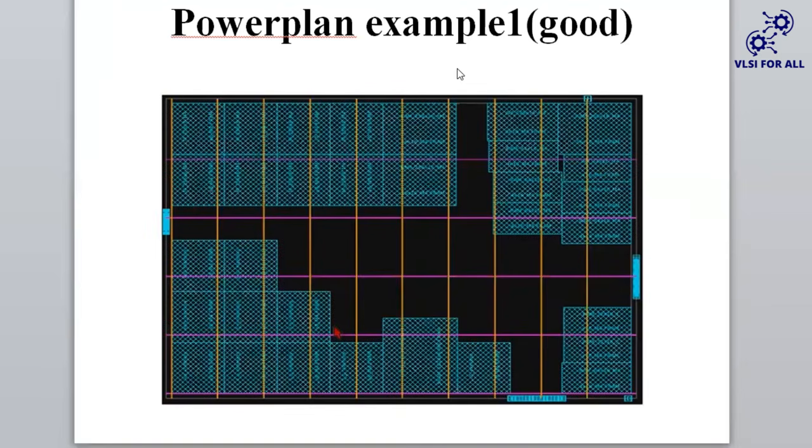According to my knowledge, whether it is horizontal stripes or vertical stripes, the power distribution has been done correctly. Power planning means that through metal wires, we are connecting macro pins and standard cells.